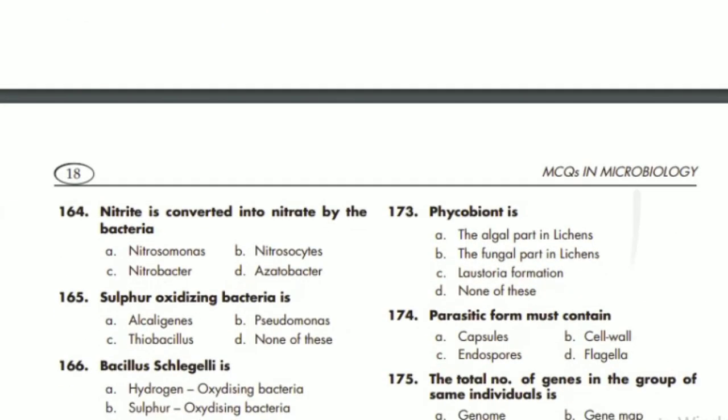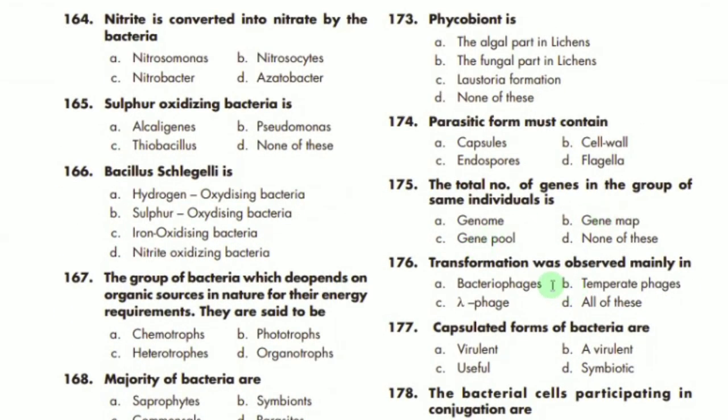B is the correct option. MCQ 164 says that nitrate converted into nitrite by the bacteria, we call that Nitrobacter. C is the correct option. Sulfur oxidizing bacteria is called Alcaligenes. A is the correct option. Bacillus Shigella is hydrogen oxidizing bacteria. A is the correct option.